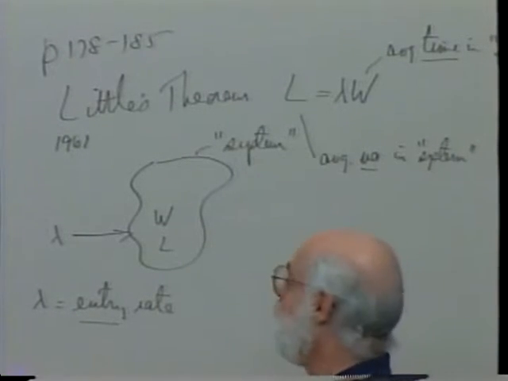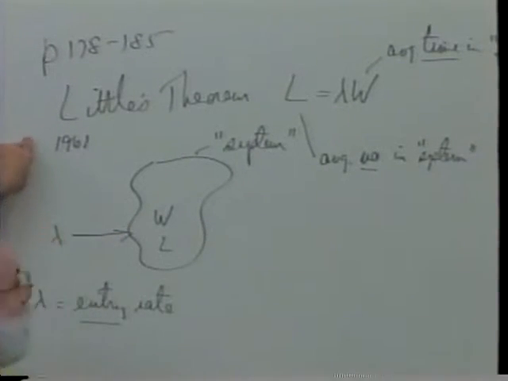So it's still an area of active research. In any event, here is the simple-minded, intuitive explanation of Little's theorem, which I think is good enough for our purposes. The argument goes something like this.